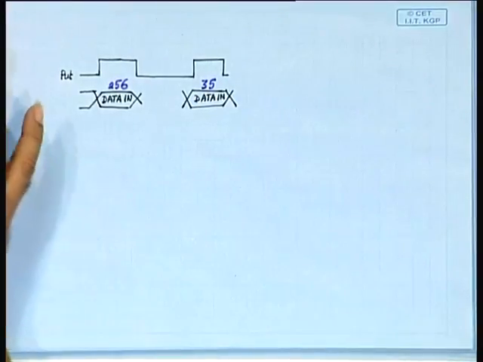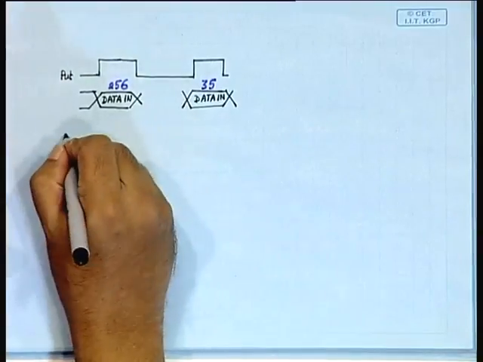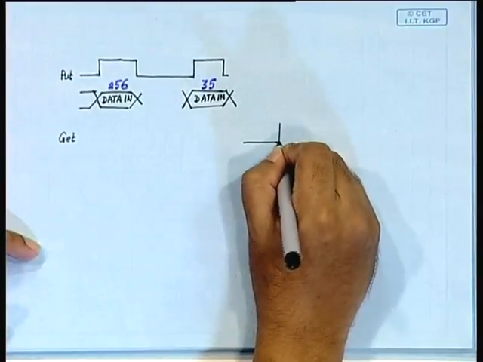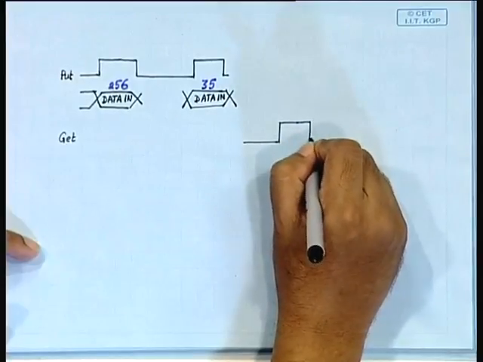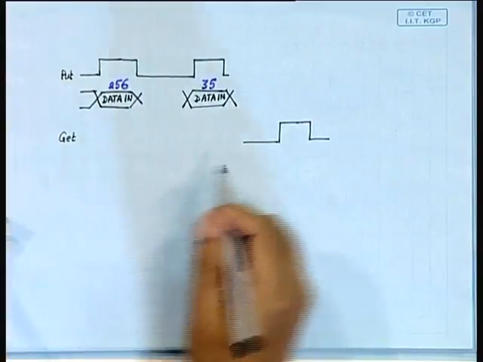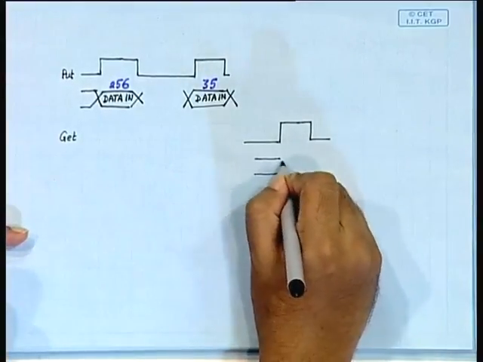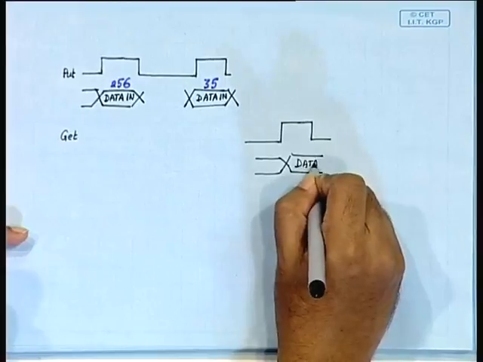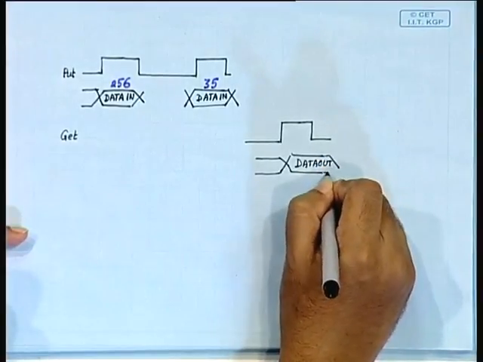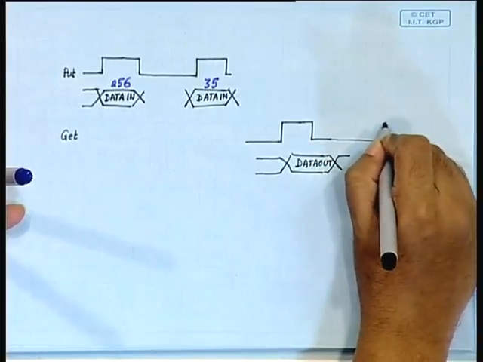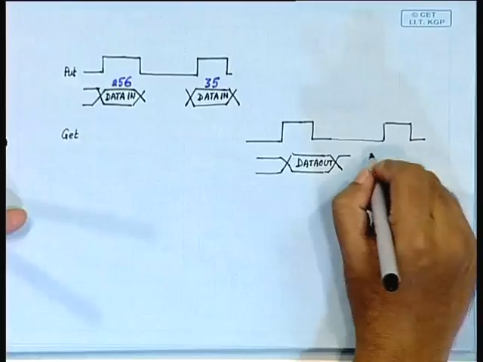Right, and then this says that there is some time in the future where get will be high, and at that time data out will produce some value, and sometime again in future get can go high, and again.